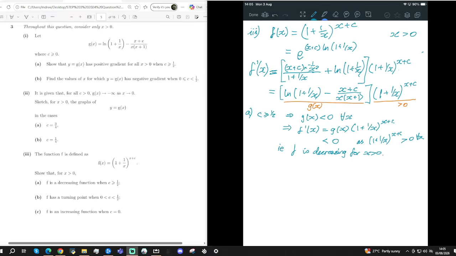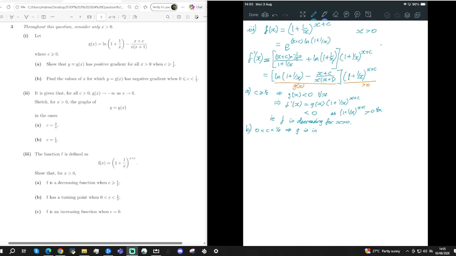Nice. Part B. So now we're in the case where we're between 0 and a half, with strict inequalities on both of these. Now we want to show that f has a turning point. Well, if we look back to the g, it's talking about increasing and decreasing.